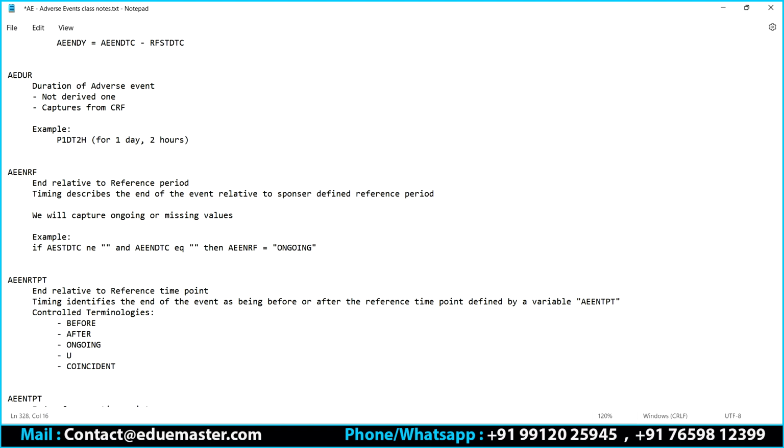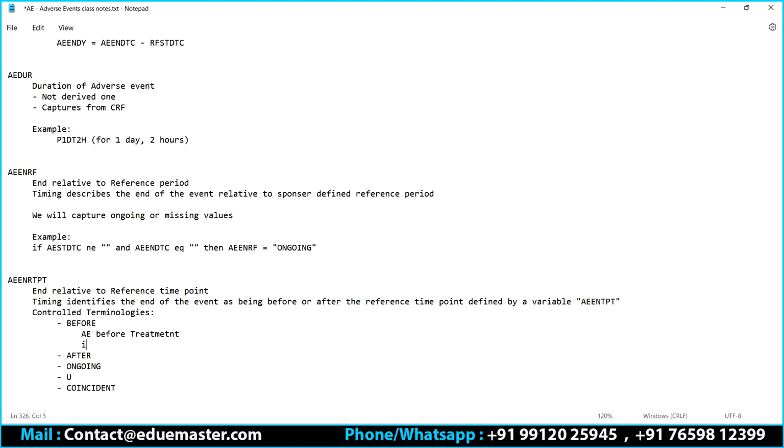Right? So let's talk about it. If it is going to be before, that is adverse event happened before the treatment, the meaning is adverse event before treatment. If this is the case, then how am I going to get this?